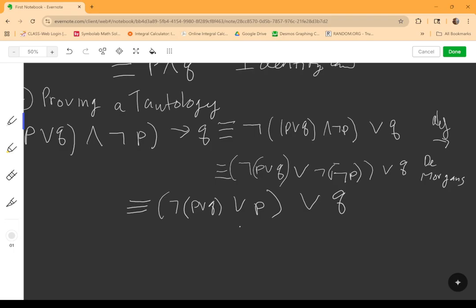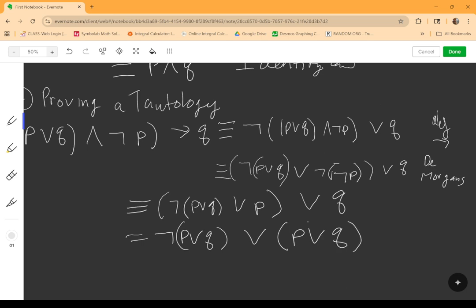We can use it to rewrite this as not (P or Q) or (P or Q).